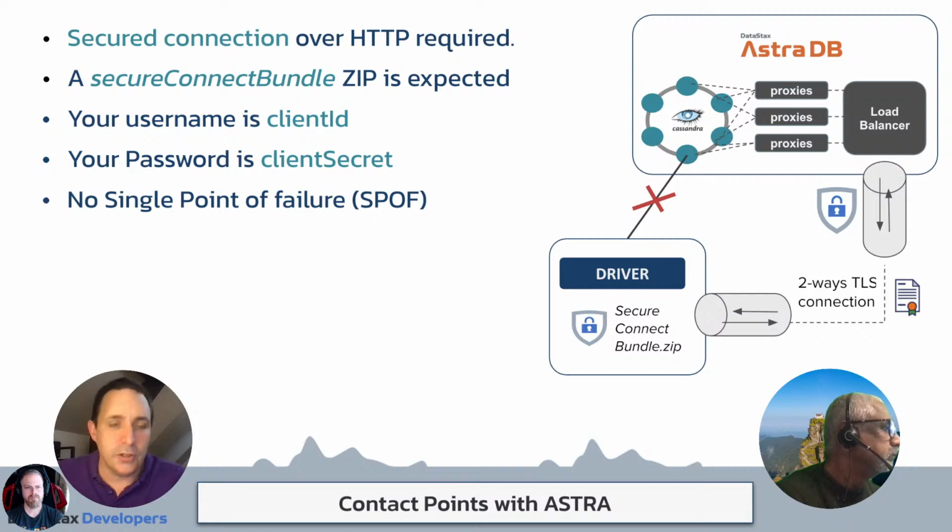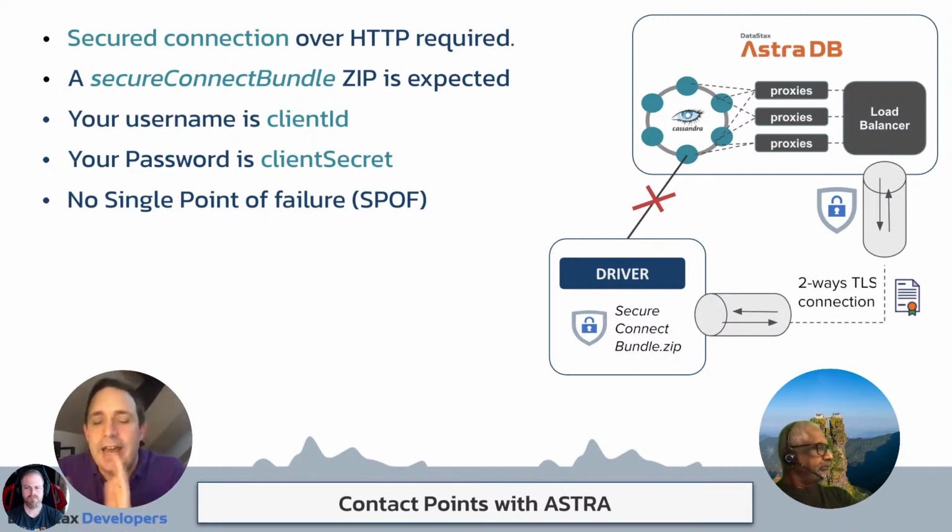It's called the Secure Connect bundle. This zip file contains everything you need to open a two-way TLS tunnel between you and the server, to be able to do all the communication and keep the session open. Remember, this session is stateful, to do the health check and load balancing.